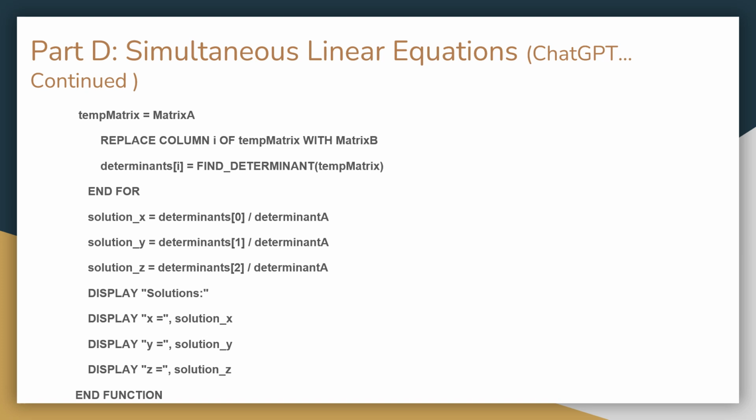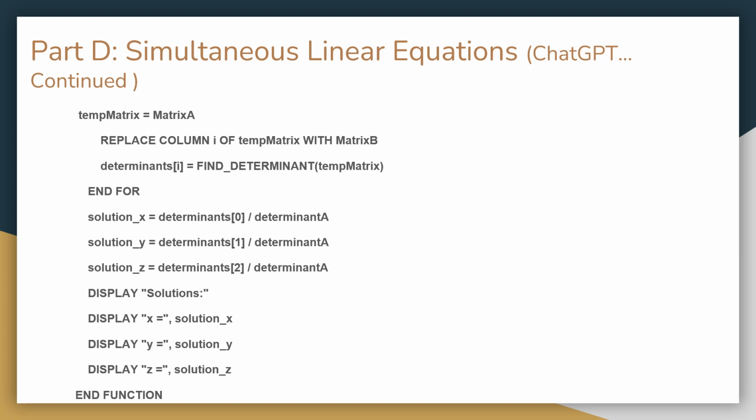So replace column I of temp matrix with matrix B, determinant I equals find determinant of temp matrix. So it's going to find your determinants, and then it's going to end the case there. And then now it's going to find your solutions of X, Y, and Z.